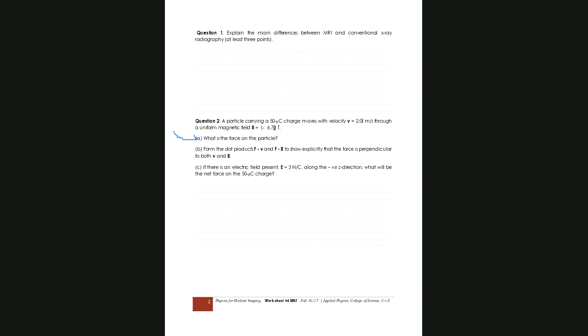Part B: from the dot product, if dotted with V and if dotted with B, show explicitly that the force is perpendicular to both B and V. Now remember, let me go back to this one here and share a whiteboard again.